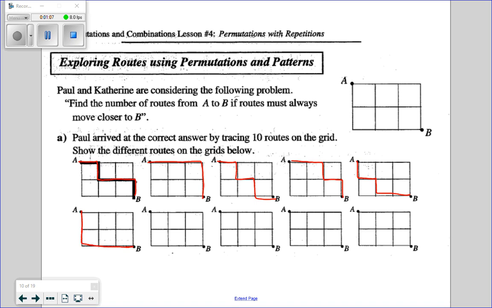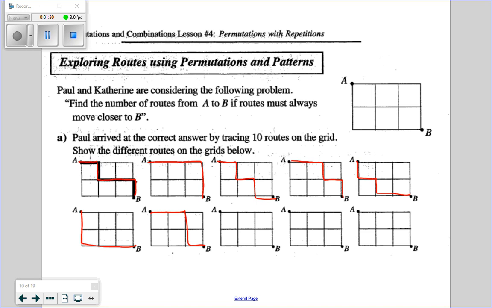You could go like that. You could go like that. Oh, I've got that one already. You could go like that.